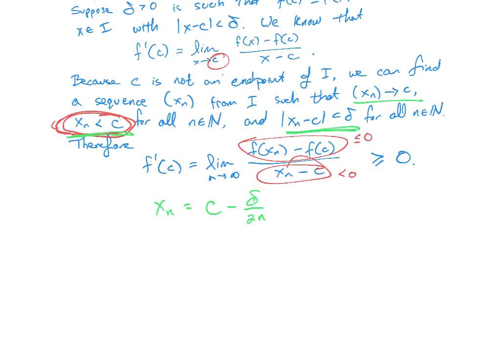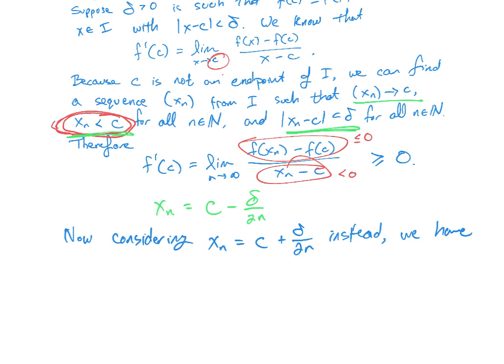And let's do it for the other side here. Let's just go from the other side. So we'll do c plus delta over 2n instead. And again, we're using the sequential form of the limit, and it just says that we put in a sequence that goes to c, and we have to get the same answer.